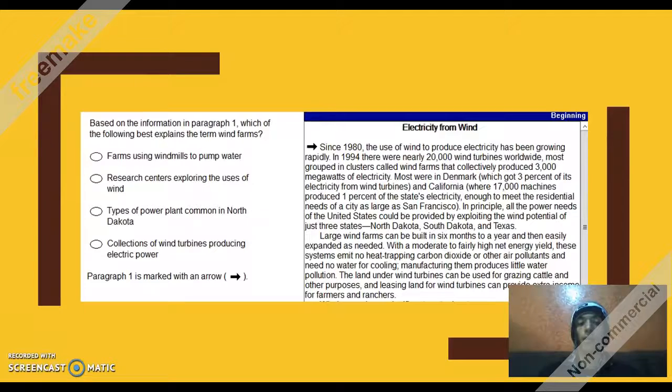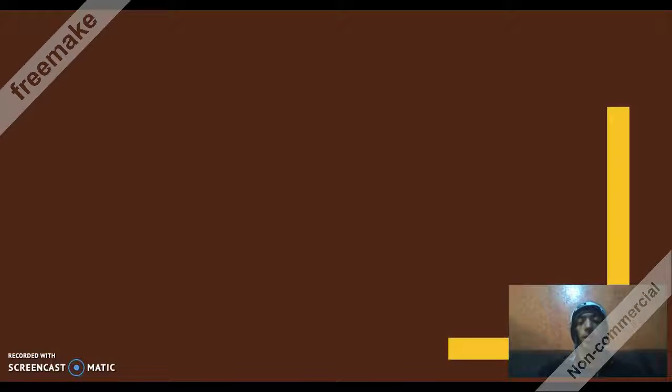So we are going to read paragraph 1, and then answer between these multiple choice. We are going to choose the correct one using the paraphrasing method in order to know the best answer.